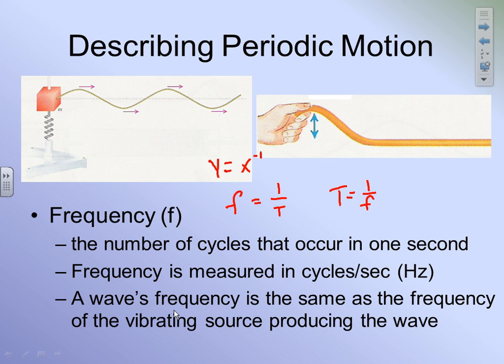Yes, but where does that work come from? From the girl, right? If we want to make more waves in that string, what does the girl have to do? Shake. Well, maybe not more force, more shakes, right? So the number of shakes that she does is her frequency, and that equals the frequency of the waves. So the frequency of the waves depends on the frequency of the source causing the waves.